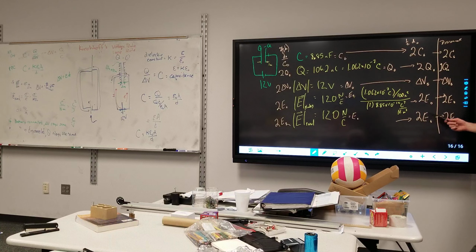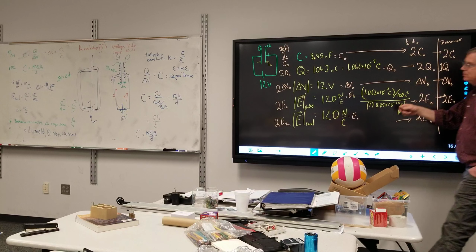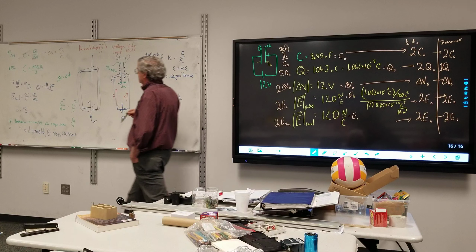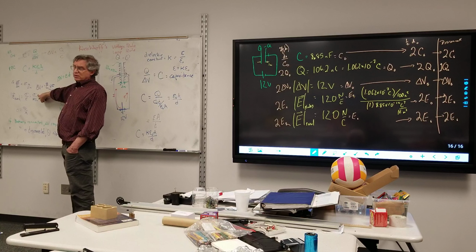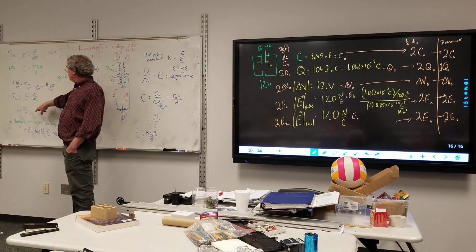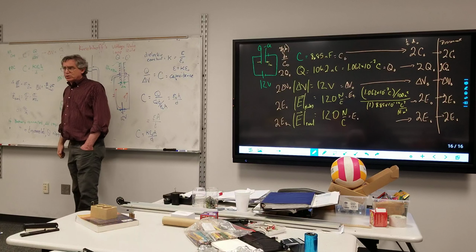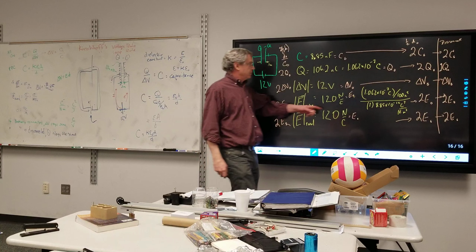Another way of looking at it is ultimately the charge was doubled. And if the charge doubles, the charge distribution doubles. Surface charge density doubles, I should say. And therefore the plates would not change from the second situation.